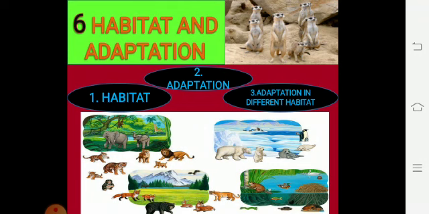As you all know, our earth has a large area of living. Our earth is divided into different geographical regions like ocean, mountains, forest, polar regions, desert, etc. And these areas have their own kind of living beings. So let's start the chapter.